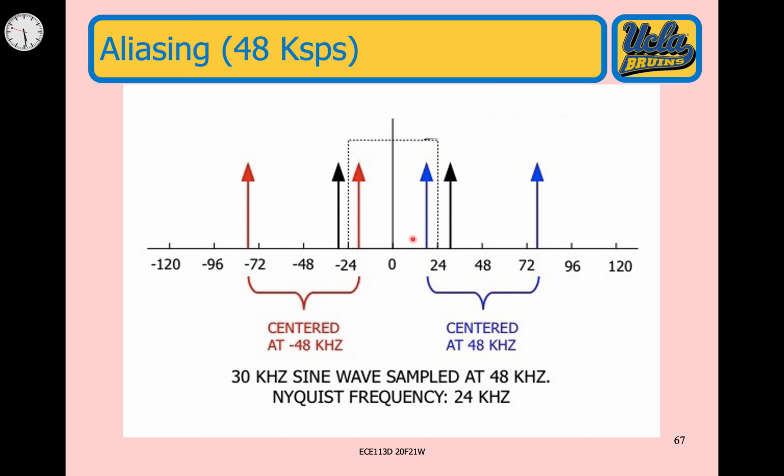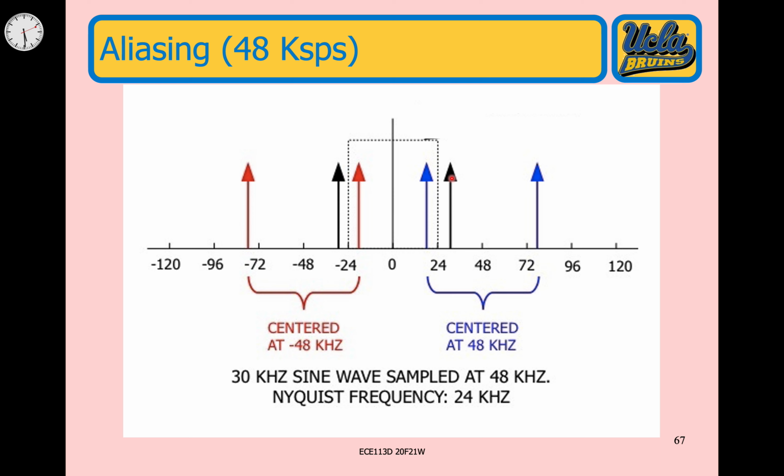And this is not 30, which is out here. This is 30 is 24 plus 6. This point right here is 24 minus 6, so it's 18 kilohertz. It is 18. So this is why they call it aliasing.